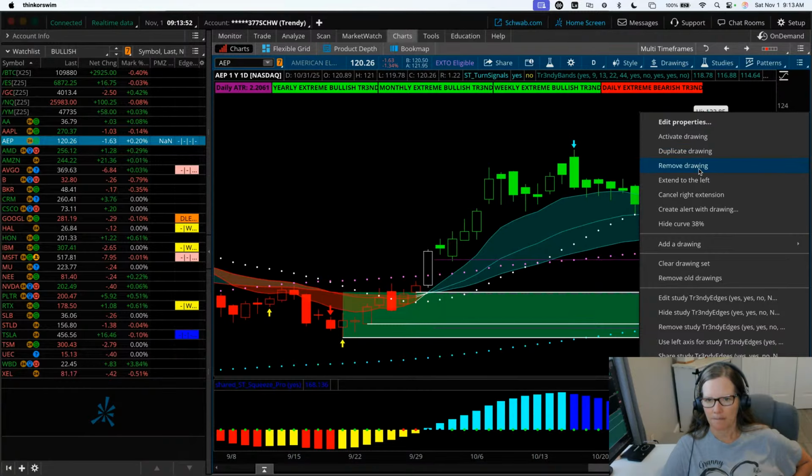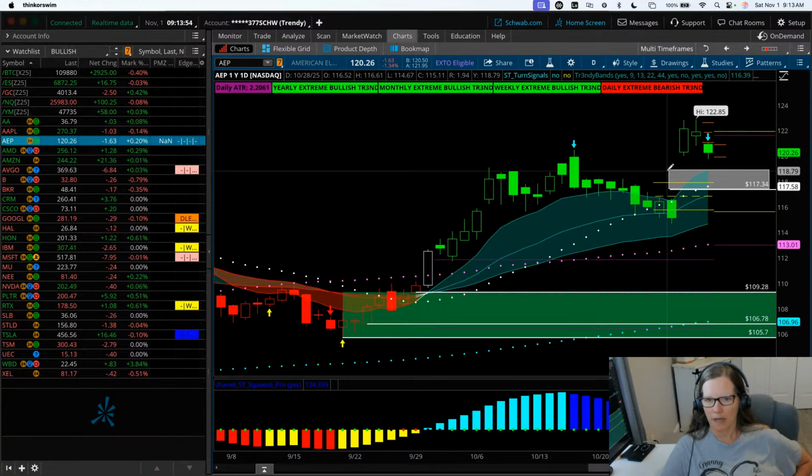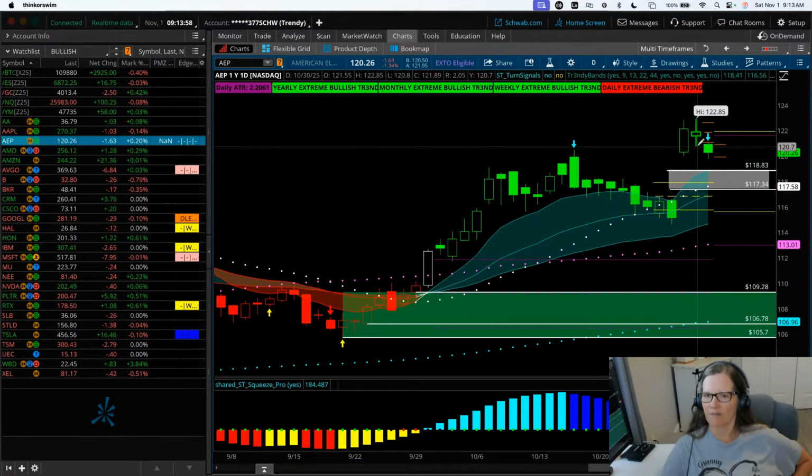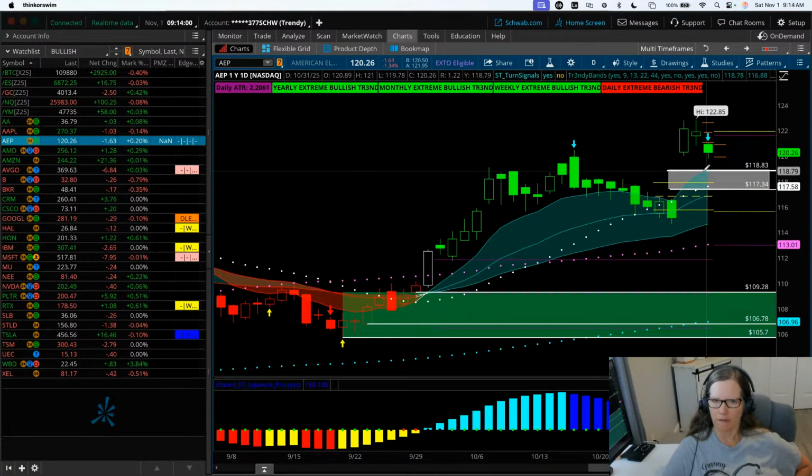All right, remove. And this would be a potential Fibonacci entry. Also, the daily EMA is lining up there. So this is another potential entry here on AEP.